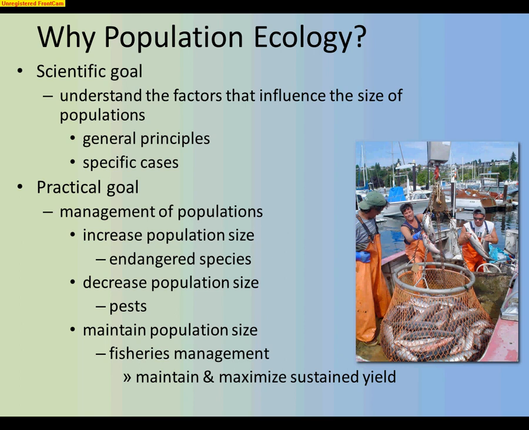We might be trying to decrease the population size if it's a pest, or for example, some of those invasive species that you've been reading about. Or if we just want to maintain that population size. When we look at salmon or tilapia, fish that we eat, we want to maintain that species and at the same time yield a product from them that can be used.